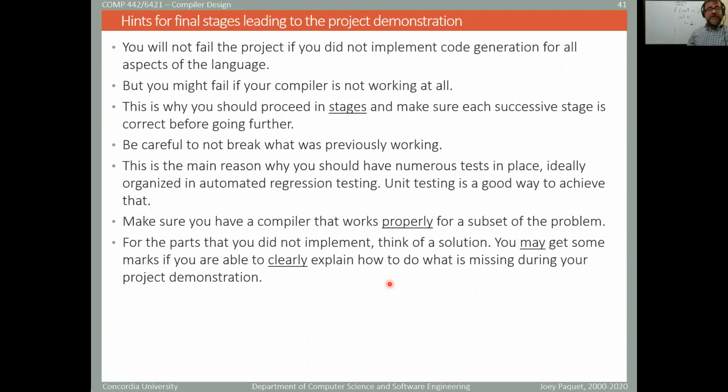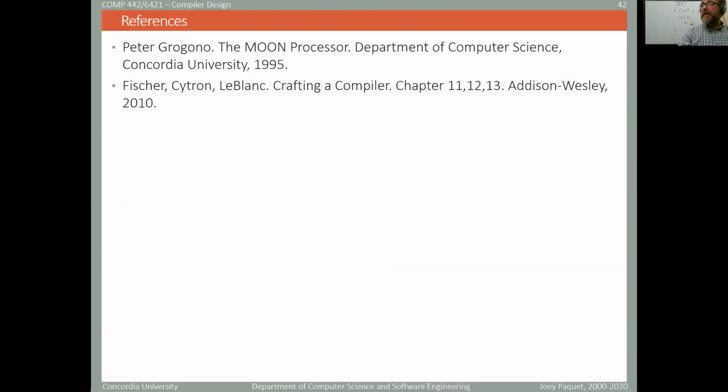Even if your code does not execute because it doesn't have the entire thing together, if you can demonstrate to me clearly that the code is correct locally, then I'll give you some of the marks. It's important that you be able to explain to me. If something is going wrong, I'm going to be expecting that you can explain why it doesn't work, or how you would fix it so that it works.